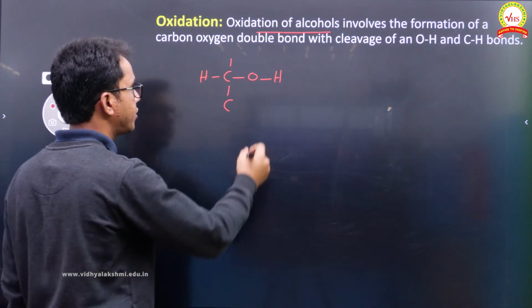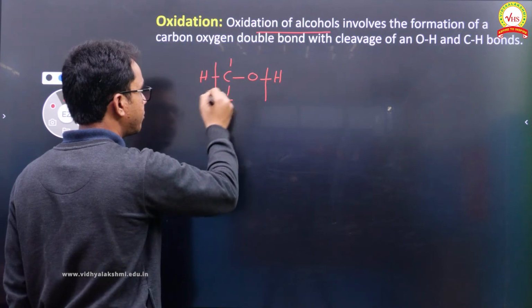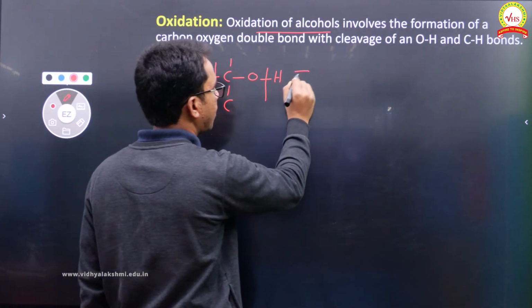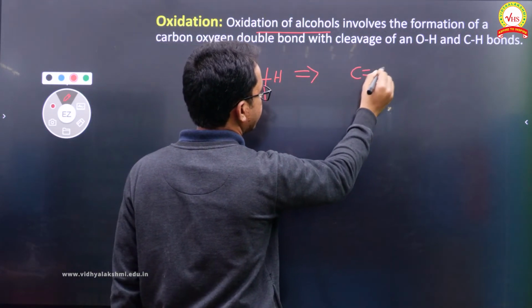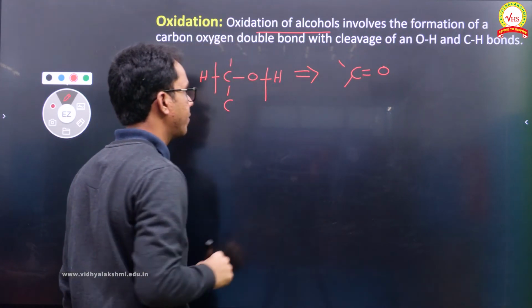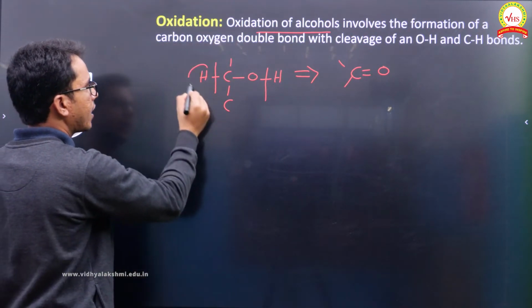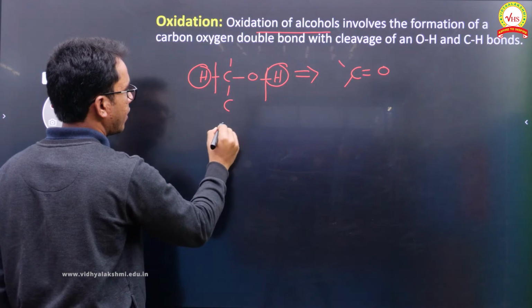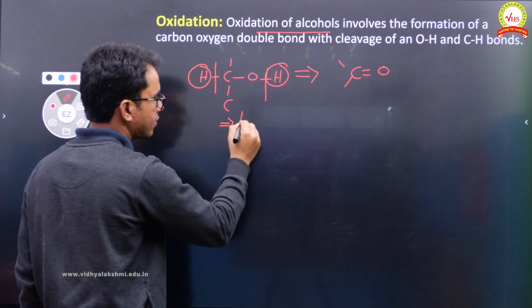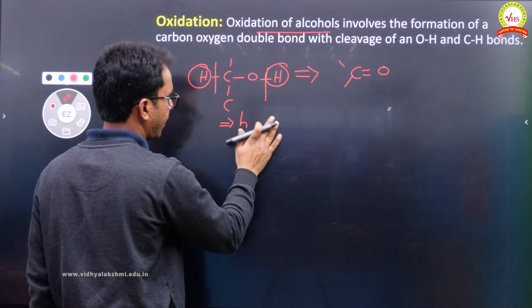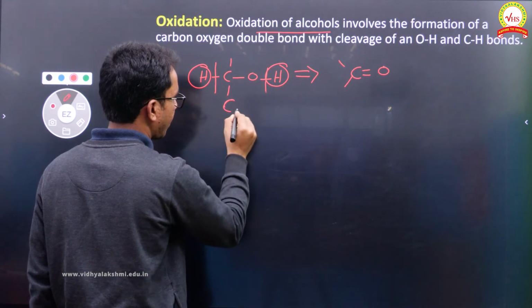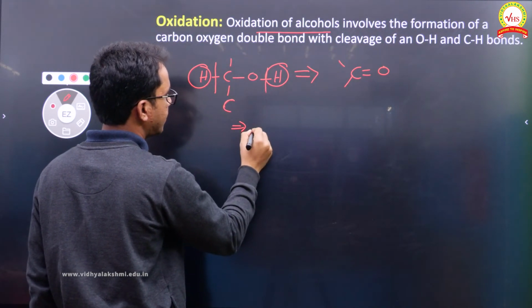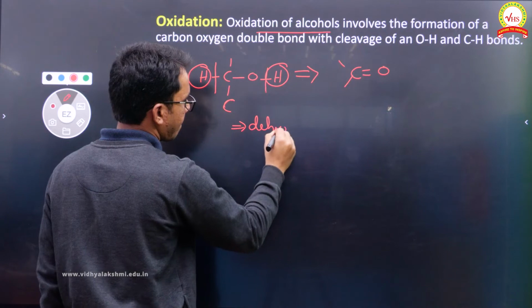Here breaking of this bond takes place, and breaking of this bond also takes place, and formation of a new carbon-oxygen double bond takes place. In this case, what is happening? Elimination of hydrogen is taking place, a dehydrogenation reaction. Let me write it here. This reaction can also be taken as a dehydrogenation reaction.